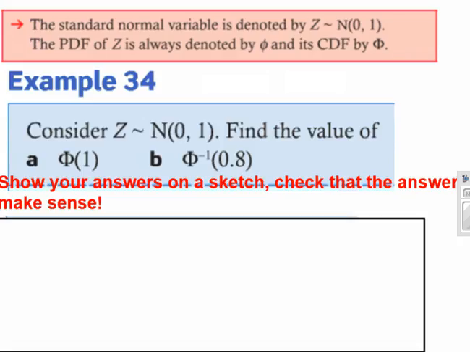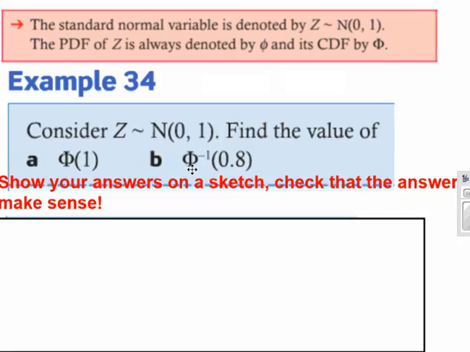So, when Z is distributed normally with mean 0, standard deviation 1, find the value of capital phi of 1. So that's CDF. That means the probability that Z is less than or equal to 1. And phi inverse is the inverse normal.